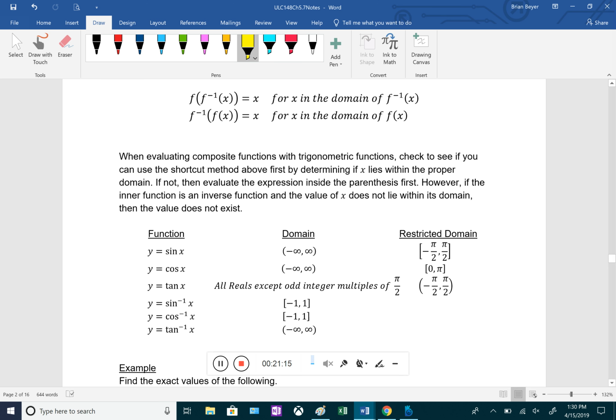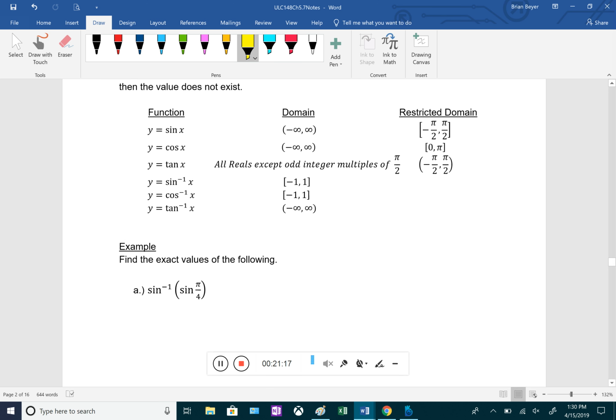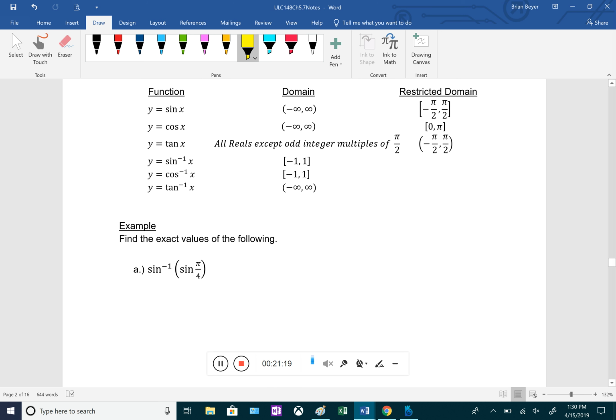So here's a little mini key for the domains and restricted domains of all of the functions that we work with. We have the domain of sine x, cosine x, and tangent x, just the regular ones. Here are the regular domains that we're used to, and on the right we have the restricted domain of each one also. The only thing that's new here is the restricted domain on the right.